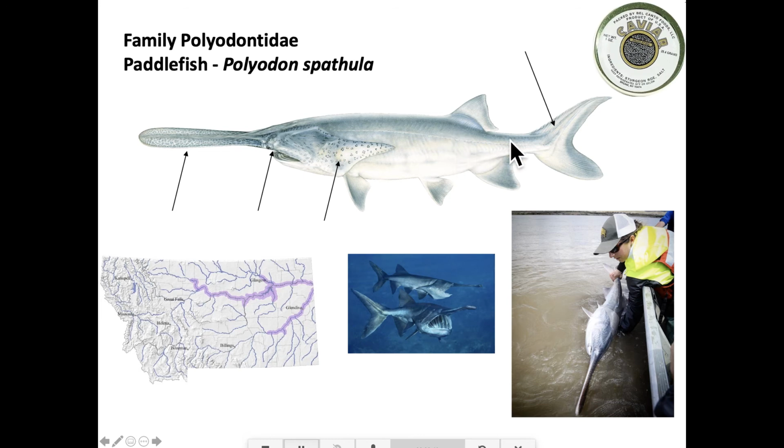Paddlefish are similar in that they are prized for their caviar. So both sturgeon and paddlefish can be easily overfished due to their late age at maturation and the focus of their flesh as well as their eggs being very useful for commercial fisheries as well as recreational fisheries.